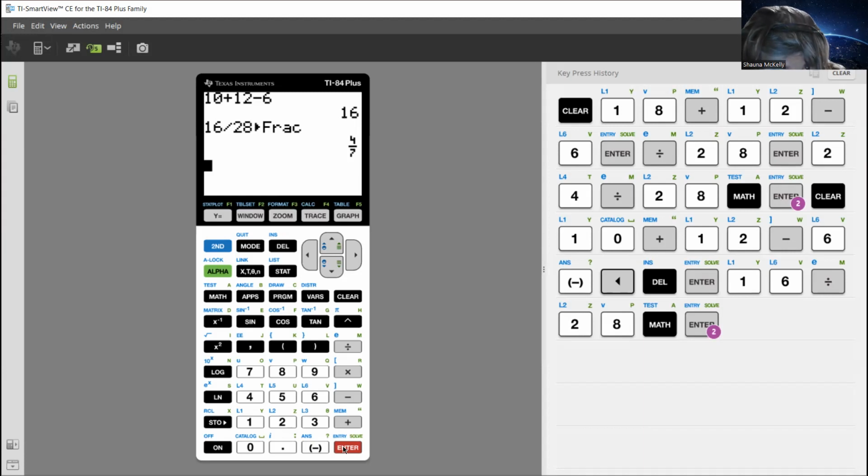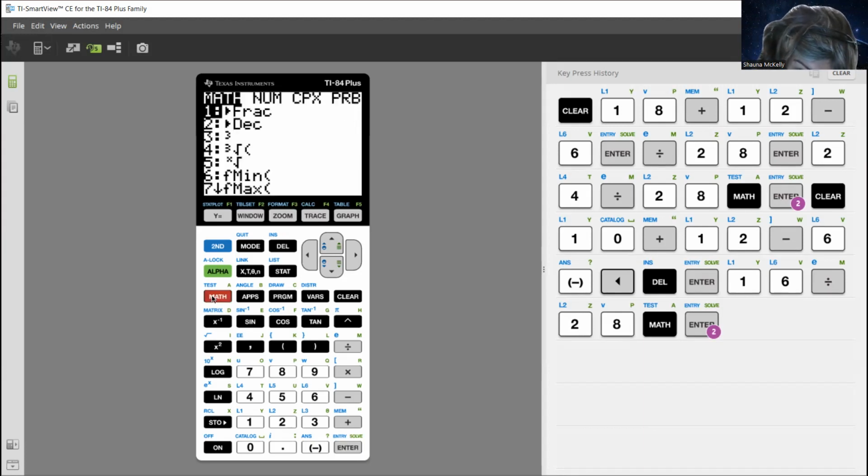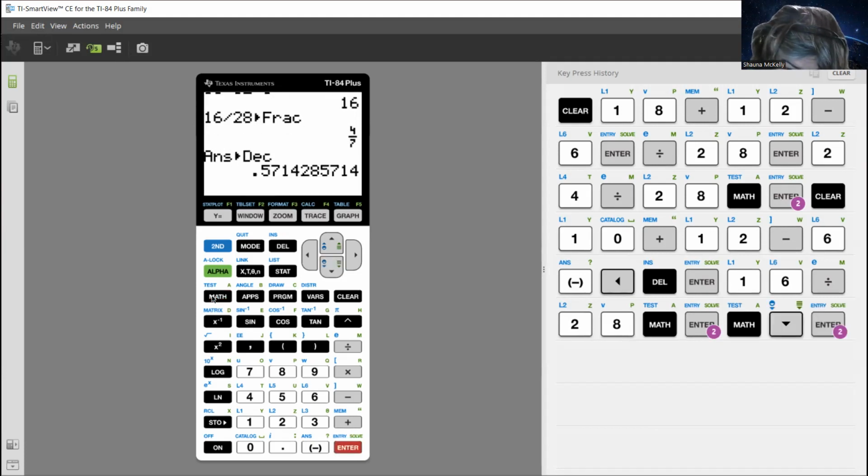Okay. And if I want to make this a decimal, I can do 4 divided by 7. I can do 16 divided by 28. It doesn't matter. But if I have the fraction already, I can go math and go convert to decimal here. 0.5714.